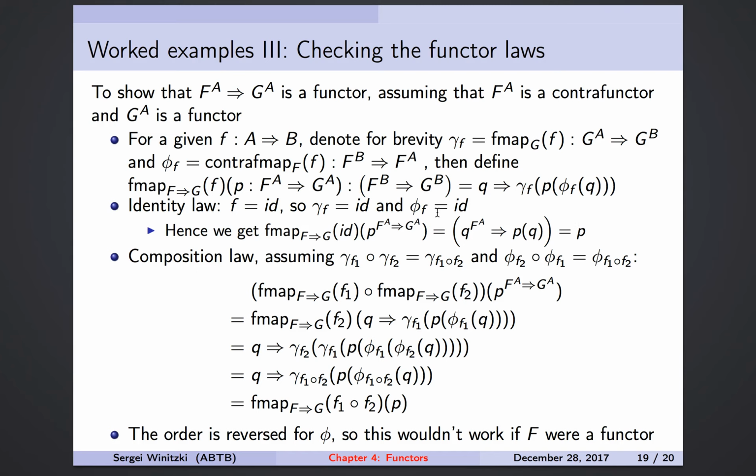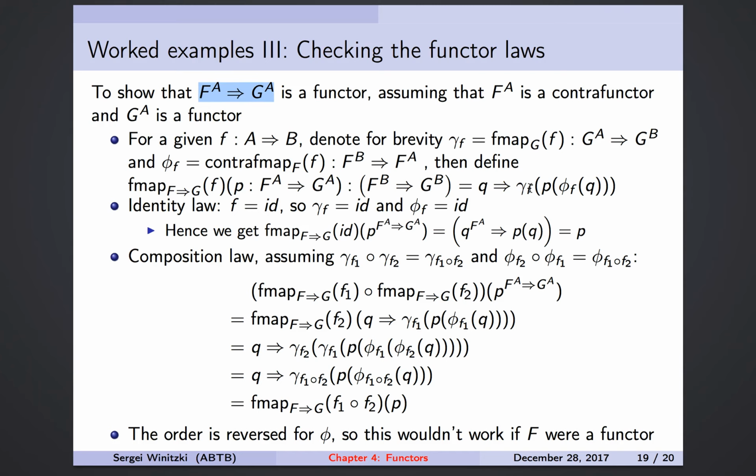So then we check the identity law, we just substitute these expressions. So we take an arbitrary p of this type, which is now our new functor to be, and then we just substitute, we get q goes to p of q, right?